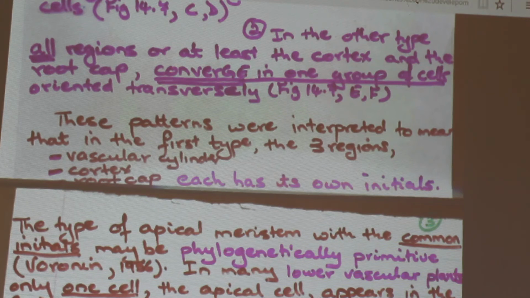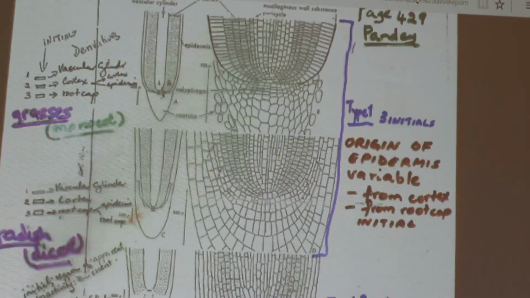I've already presented this to you in the sense that I said to you the Nageli single cell apical meristem theory will occur in primitive plants. The single tunica in the next row of plants, that means the gymnosperms, and the bitunicate plants are the present day flowering plants which we have.